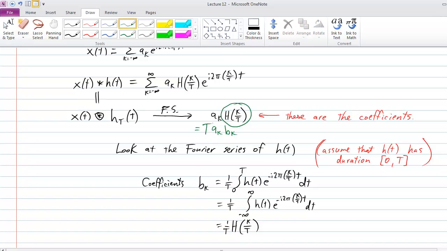So we have this Fourier series convolution property, but it's circular convolution. And this is actually important because when you do signal processing in MATLAB, what Fourier transform are you using? The fast Fourier transform. And what is that equivalent to?